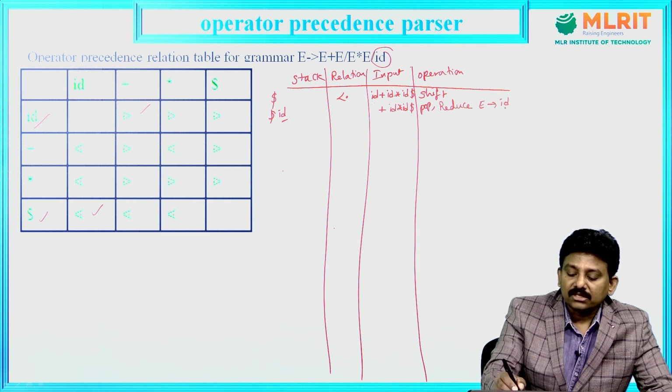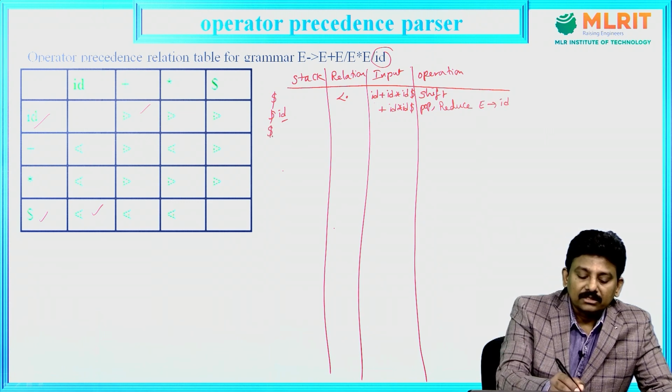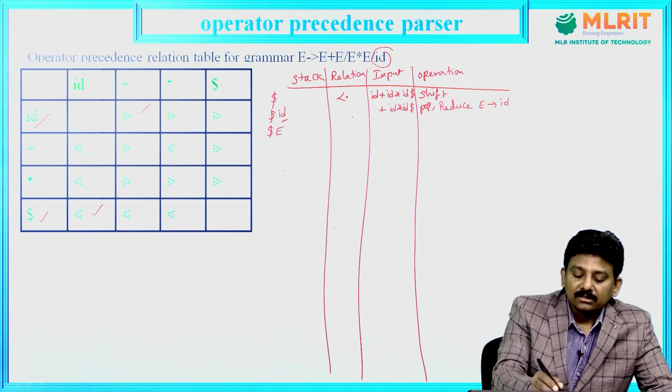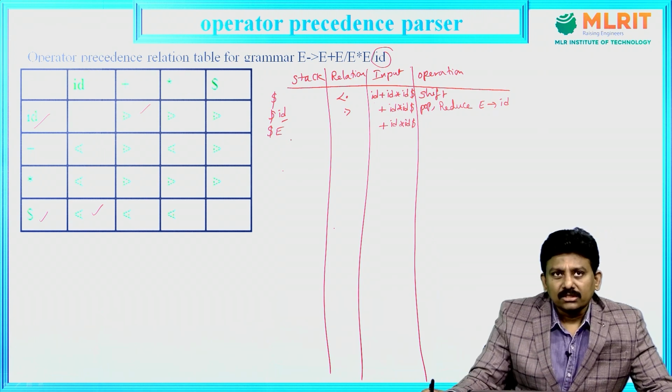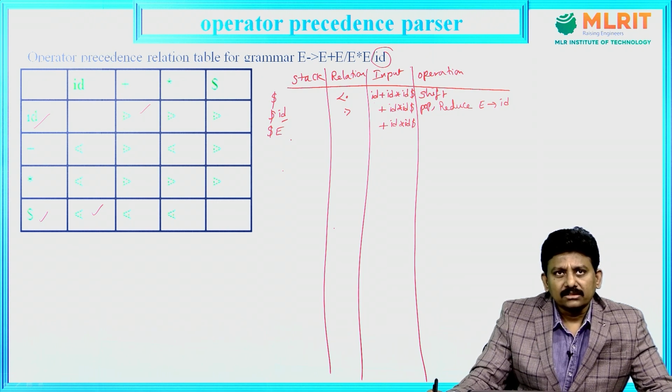We reduce this ID to E, giving dollar E, and remaining input plus ID star ID dollar. There is no relationship for non-terminals; the operator precedence parser ignores non-terminals and only uses relations between terminals.